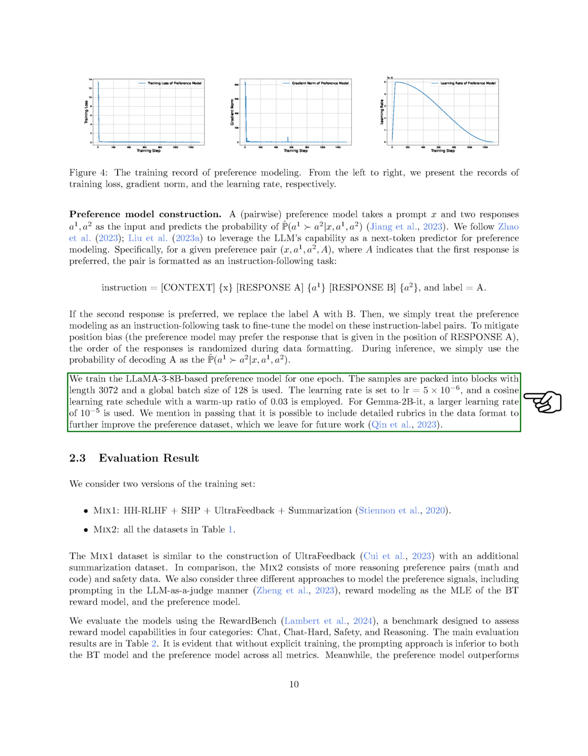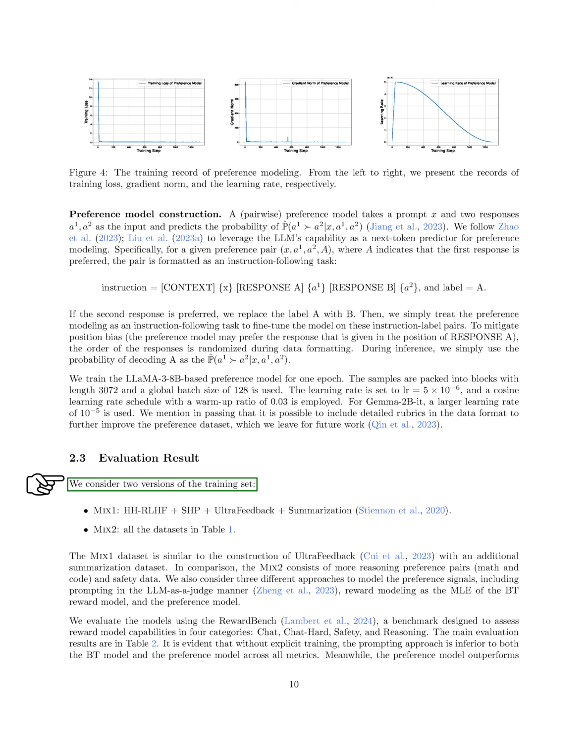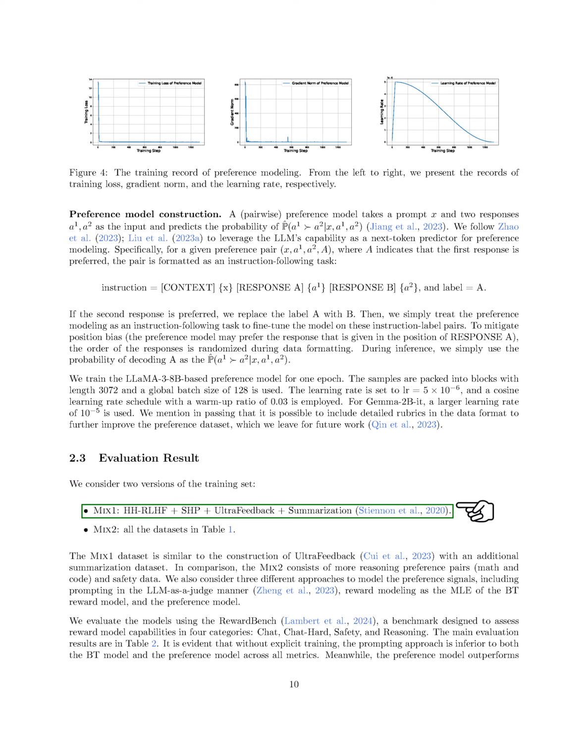Section: Evaluation Result. In this section, we examine two versions of the training set, MIX1 and MIX2. MIX1 includes HH-RLHF, SHP, UltraFeedback, and summarization datasets, while MIX2 comprises all datasets listed in the table.